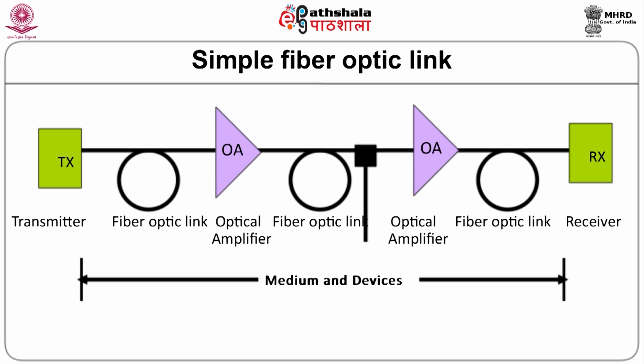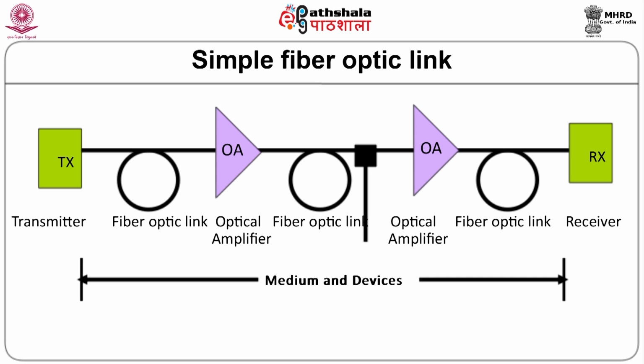This optical amplifier amplifies the optical signal which is coming from the transmitter. This amplification is required because there is a possibility of attenuation when the signal is transmitted through the fiber optic link. This optical link is then completed when it is received at the receiver section.